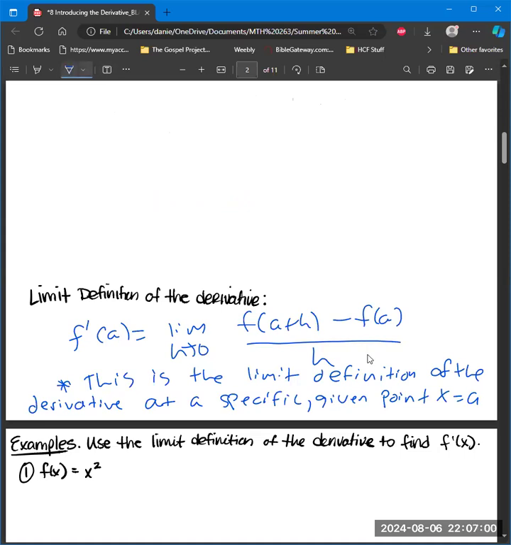All right, let's go ahead and look at a couple examples here.